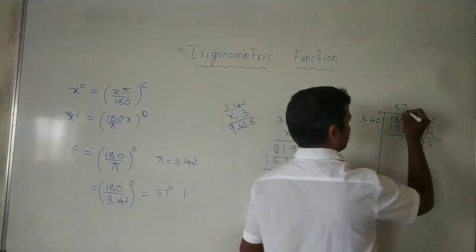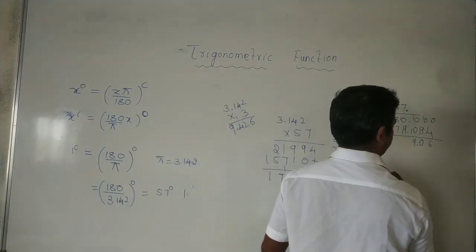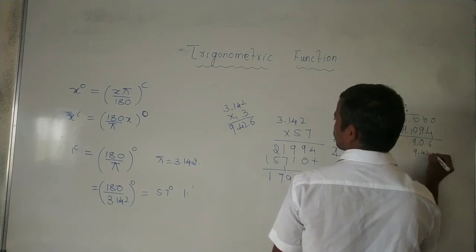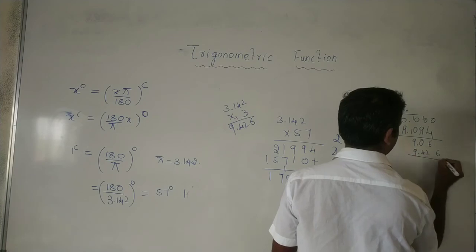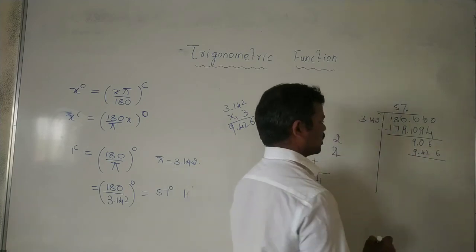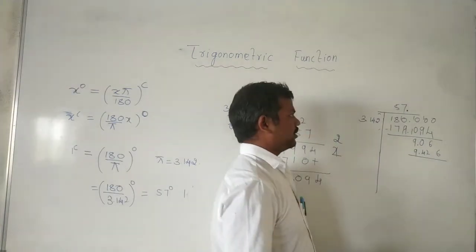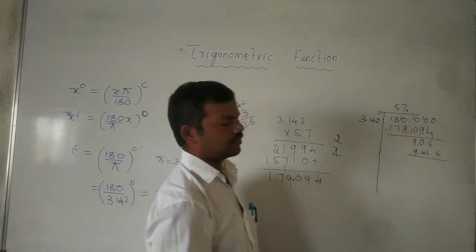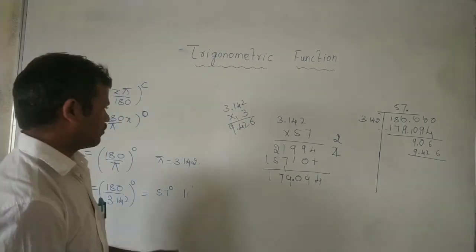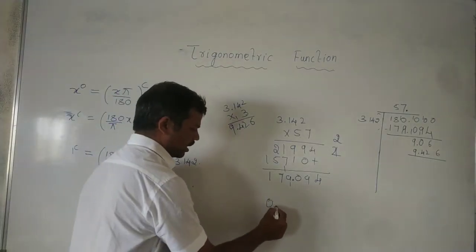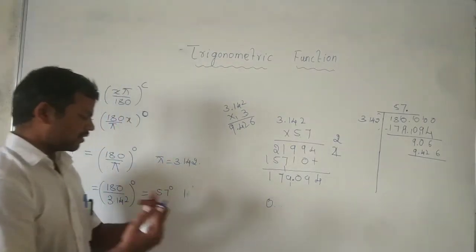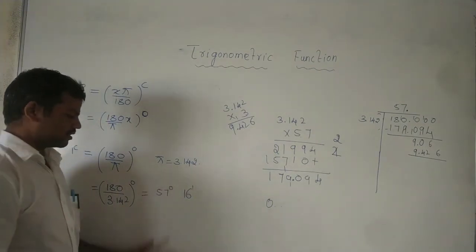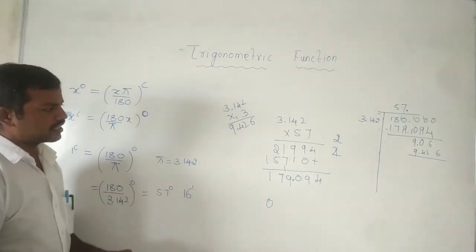So we got 9.426. Again we get the decimal continuing like this. Whatever the decimal we got, again we have to divide it by 60 to convert it into minutes. So there we are getting 57 degree 60 minutes; like this we have to divide.